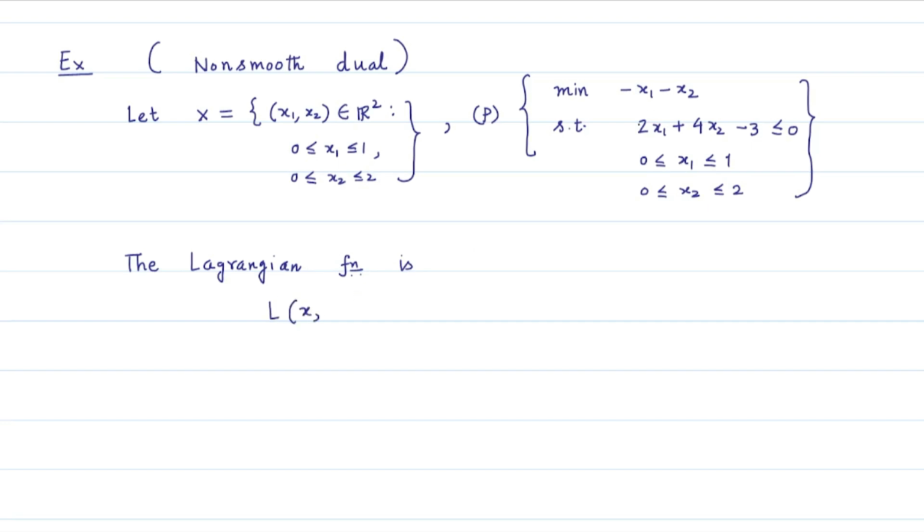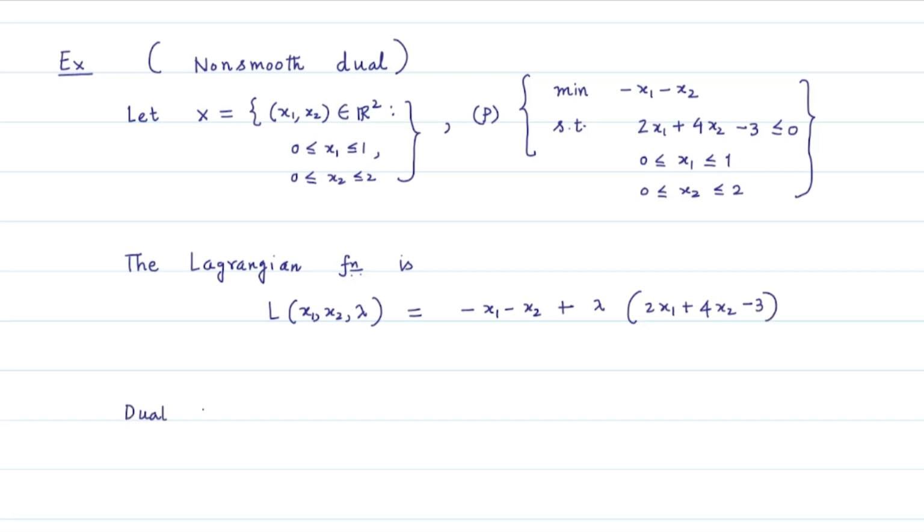You have only one constraint left over, where x has two components, x1 and x2. So this expression is given by minus x1 minus x2 plus lambda times g1(x), that is 2x1 plus 4x2 minus 3.